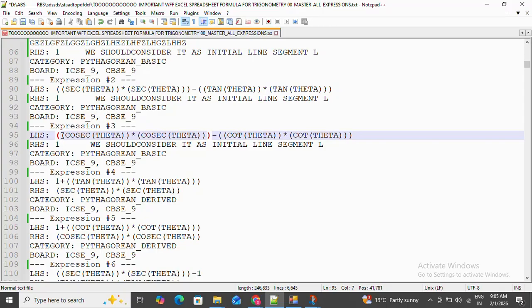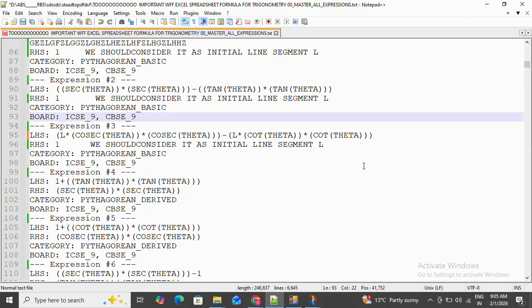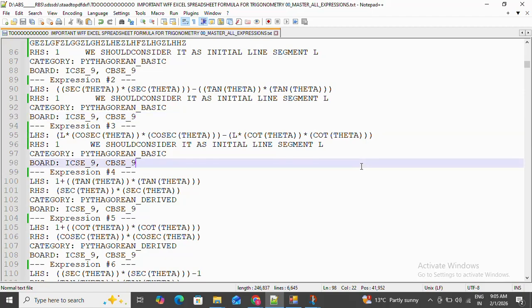If we don't write the one star there, then any spreadsheet will automatically consider that the one star is present there. Geometrifying trigonometry will automatically assume that the L star is there, because the game starts with the initial line segment L, and that is the first thing that geometrifying trigonometry simulators do.